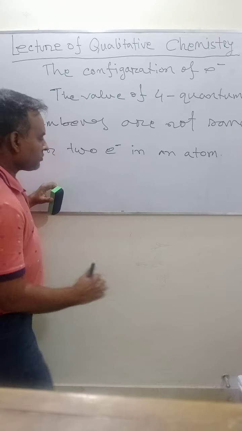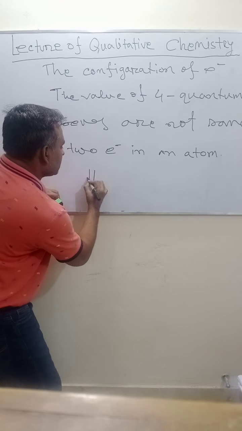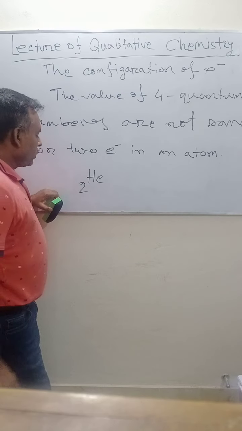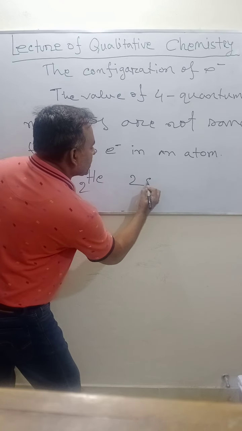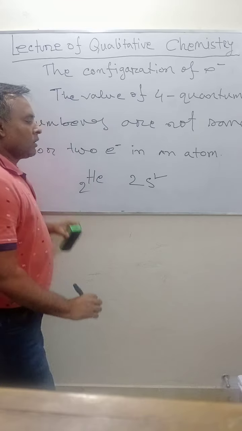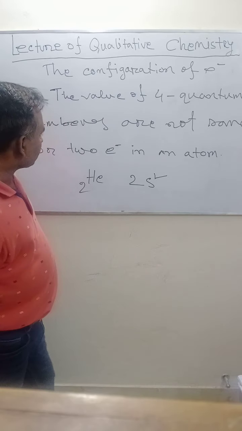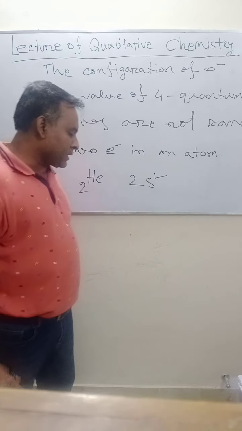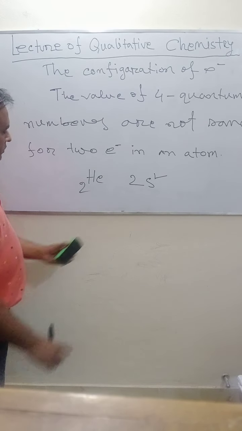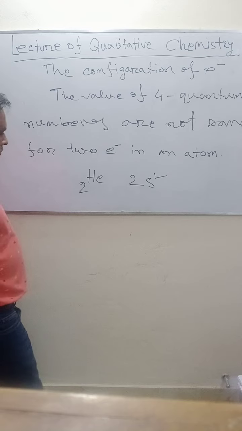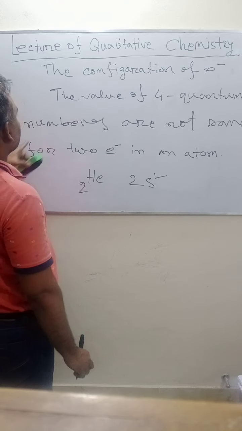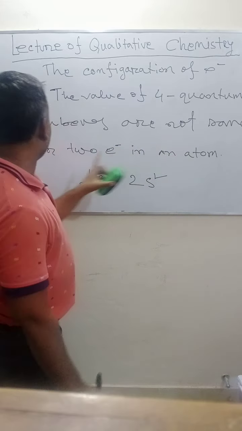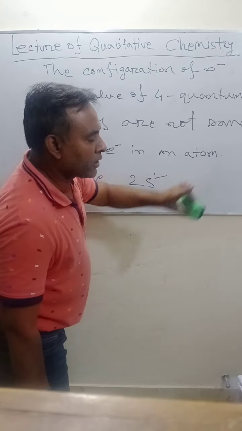So that means helium, you know that helium has the atomic number 2. Its electron configuration is 1s². Clear? The values of four quantum numbers are not the same for two electrons in an atom.